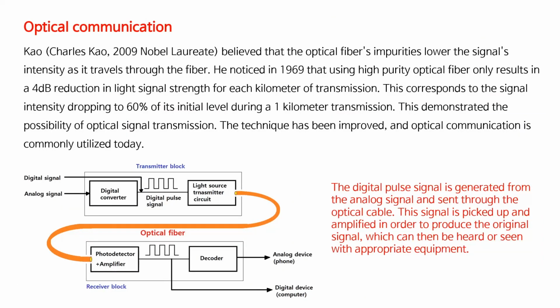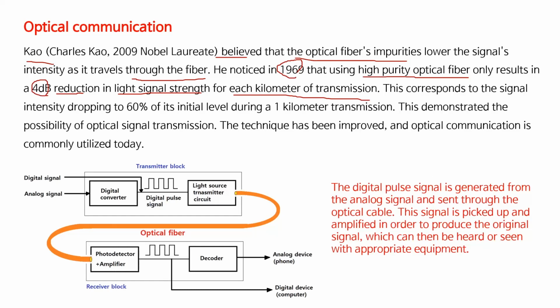Now let's see optical communication. Carl believed that the optical fiber's impurities lower the signal's intensity as it travels through the fiber. He noticed in 1969 that using high purity optical fiber results in only a 4 dB reduction in light signal strength for each kilometer of transmission.